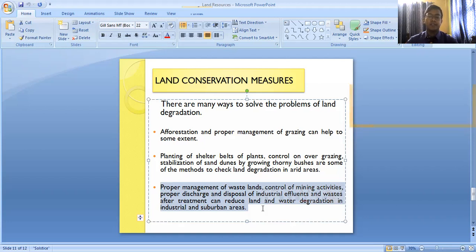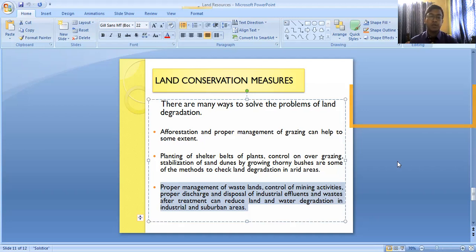Control of mining activities. We must control mining activities; unnecessary mining should not be done, because unnecessary mining is mainly responsible for land degradation. Industries also discharge a lot of wastewater and industrial waste products.